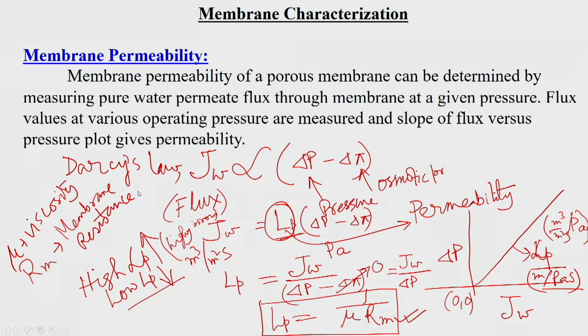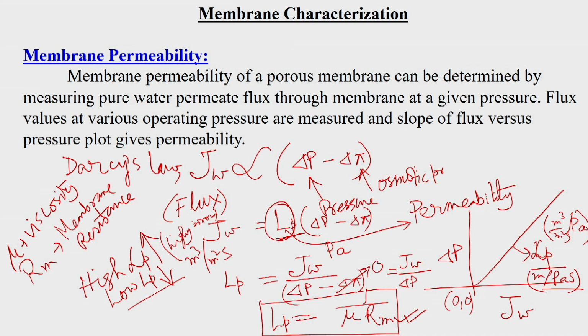So, we can get this if we know the resistance of the membrane itself, because the membrane is a porous medium, it will offer some resistance, and if we know the viscosity of the permeating fluid, then Lp also we can get from here.